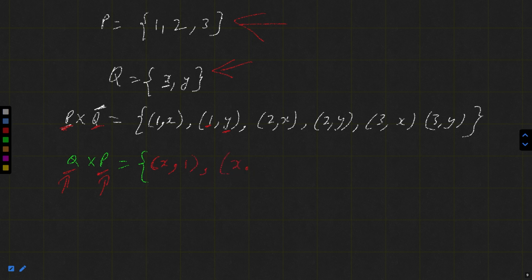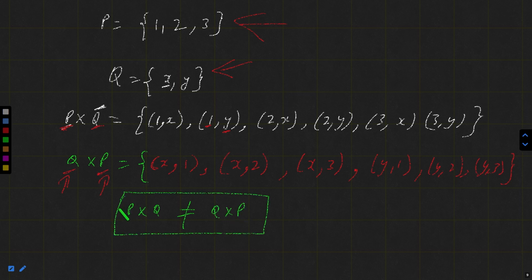X can also be placed with 2, so X comma 2, and with 3, so X comma 3. The same happens for Y: Y comma 1, Y comma 2, Y comma 3. I hope that it is clear. As you can see, P cross Q is not equal to Q cross P. Both sets are not equal to each other.